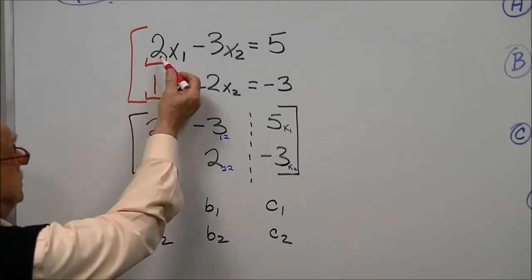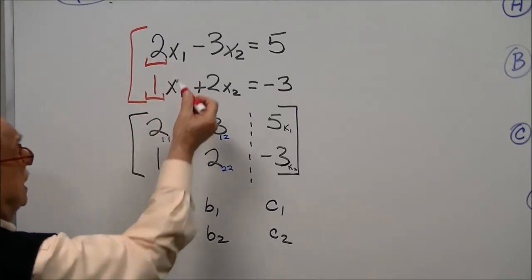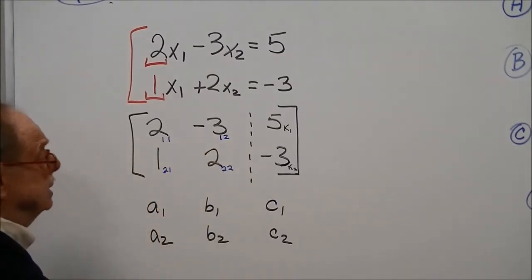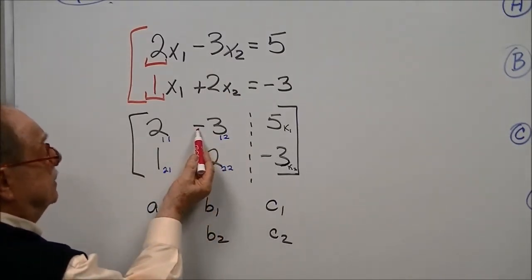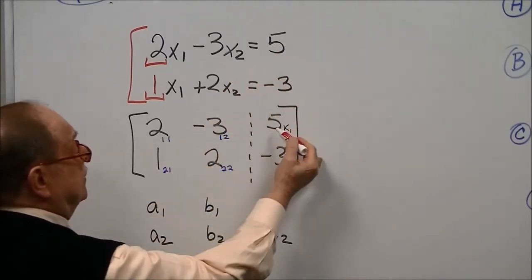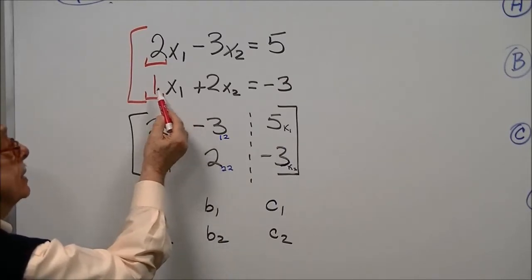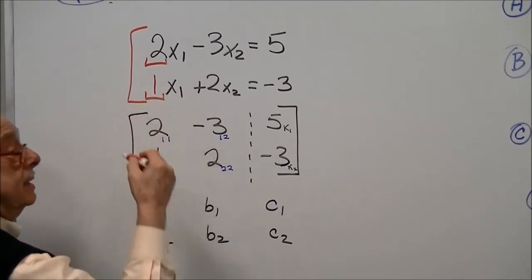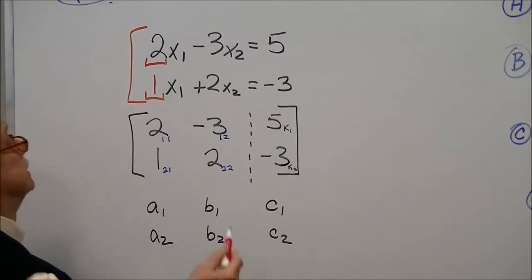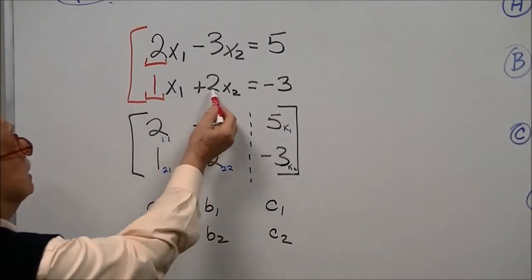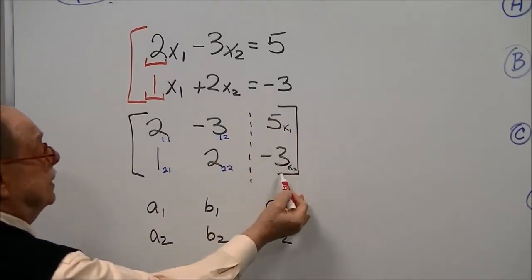So here we have a 2, a negative 3. Now if it's positive, we don't write the sign. But when it's negative, we must. And then a 5. And then here's our 1. Again, there wasn't a 1 written there, but in reality there is. We put the 1, the 2, and the negative 3.